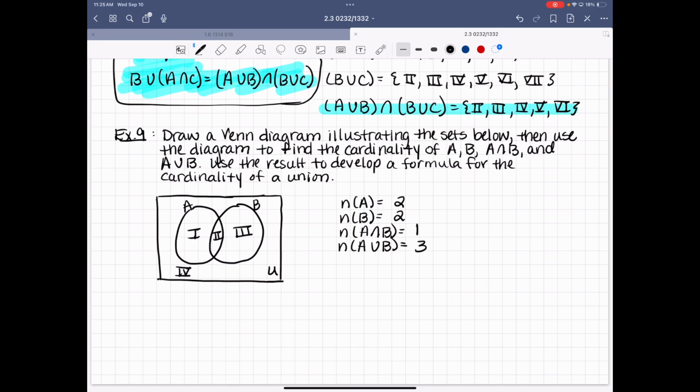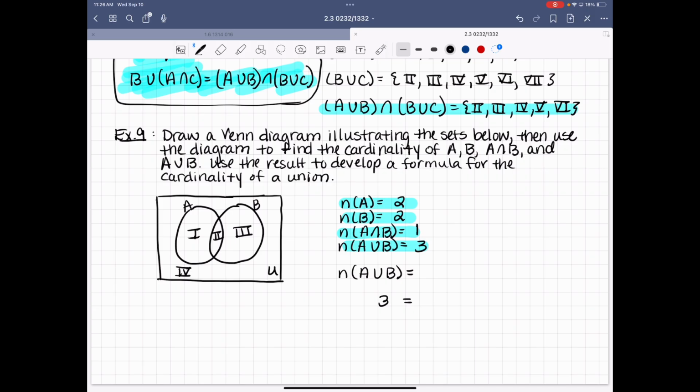You're 3/4 of the way done with the problem. You had to draw the picture. You had to find the cardinalities. And the last part says, use the result to develop a formula for the cardinality of a union. So they're wanting you to say the cardinality of A union B is going to equal 3, but you need to write that in terms of the other cardinalities.